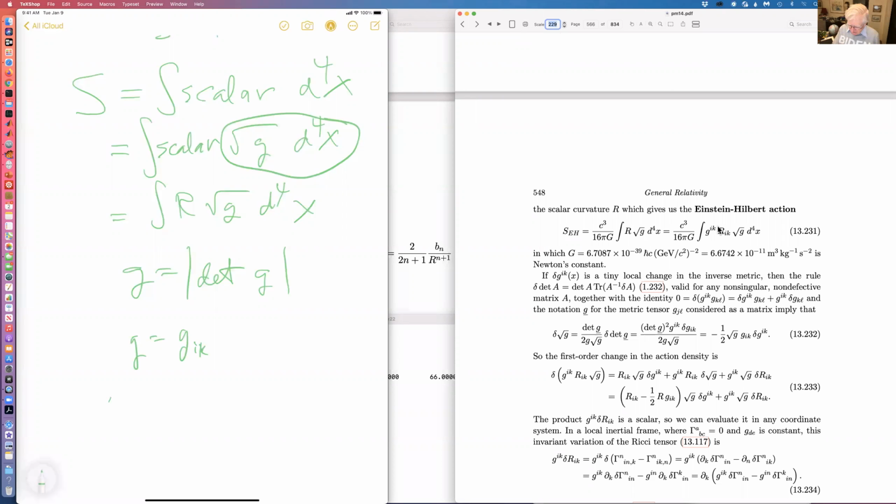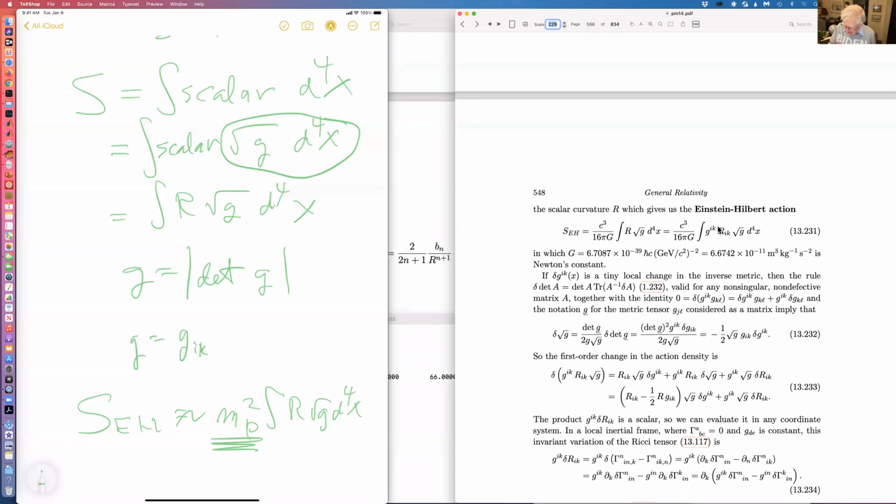By the way, this Einstein-Hilbert action, what does it look like actually? Well, roughly speaking, it's the Planck mass squared times R root g d^4x. And this Planck mass squared is a mass that's just absolutely enormous on the scale of elementary particles. The proton has a mass of roughly 1 GeV. The Planck mass is like 10 to the 19th GeV. And so what does this mean?